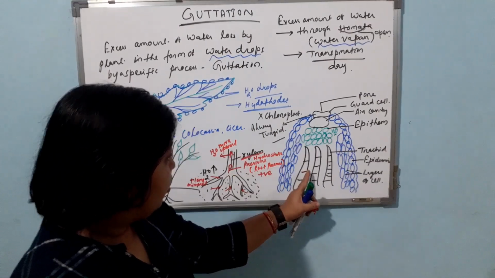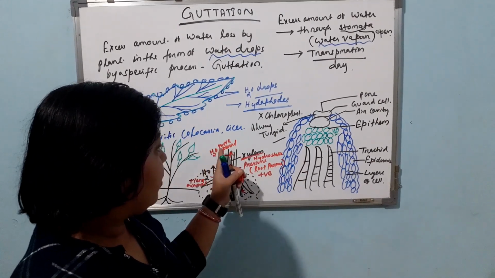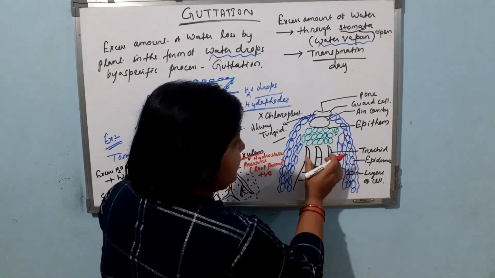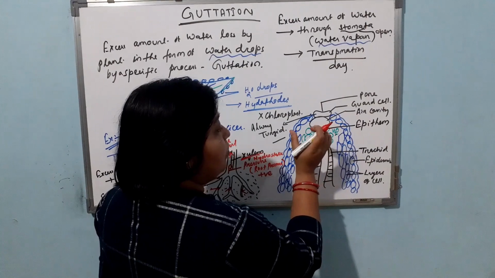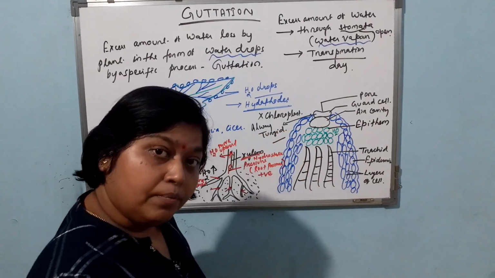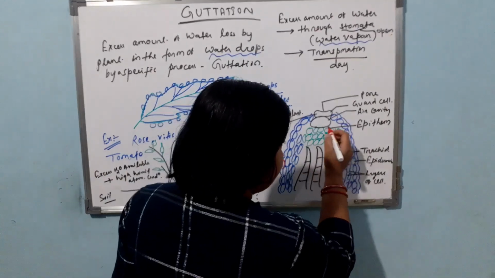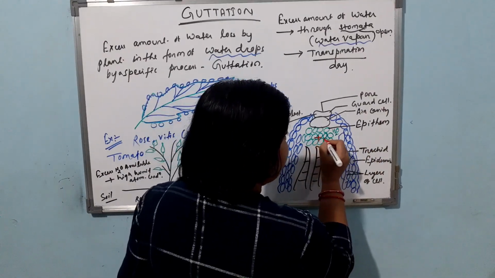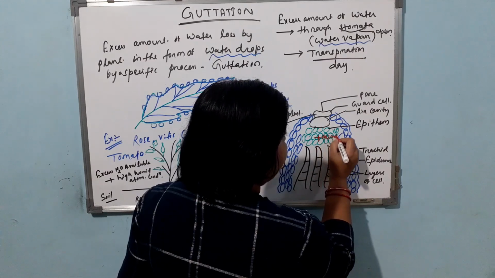This tracheid also carries water and minerals. Through these tracheids, the epithem receives water and minerals. So here the epithem is filled with water, and along with water, minerals are also there.